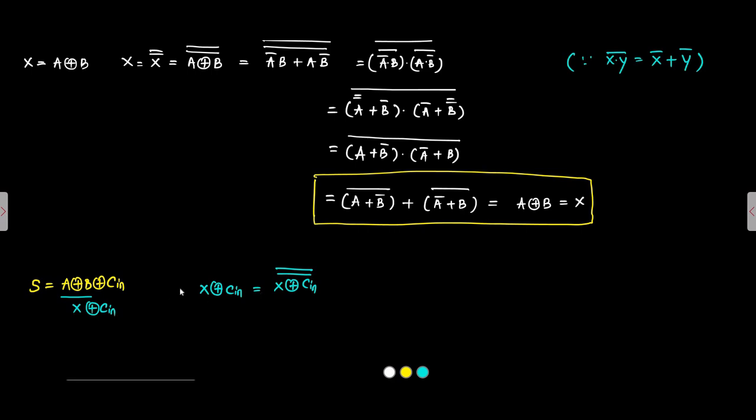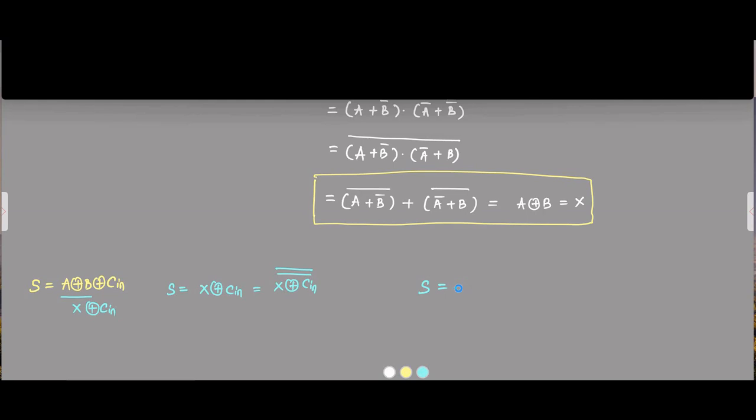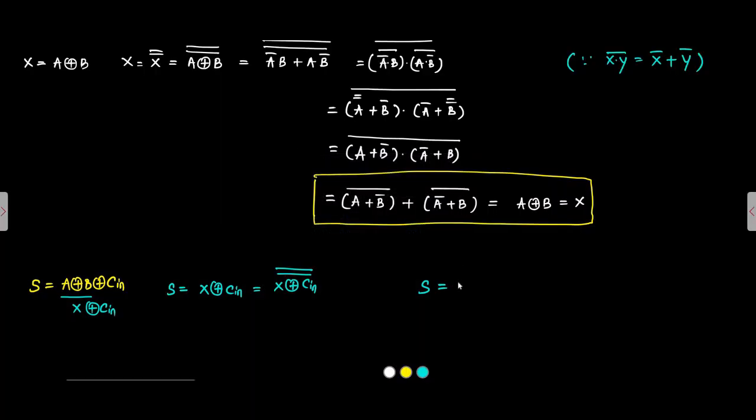So this is what? This is sum. So finally we can write the sum as S is (X or Cn bar) whole complement or (X bar or Cn) whole complement.